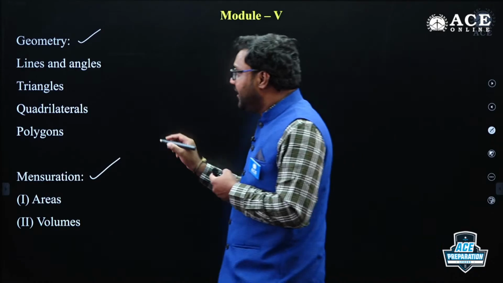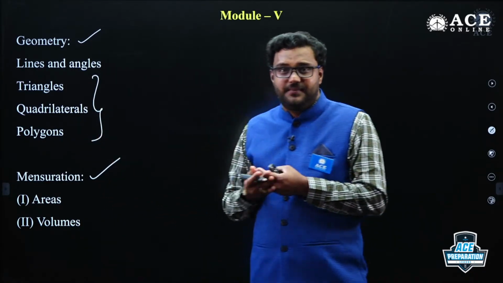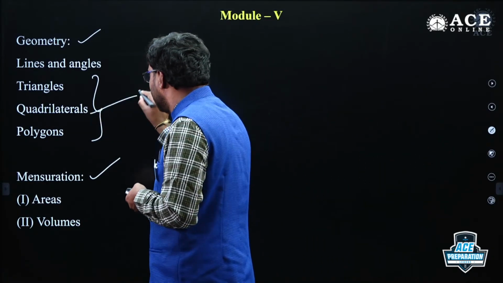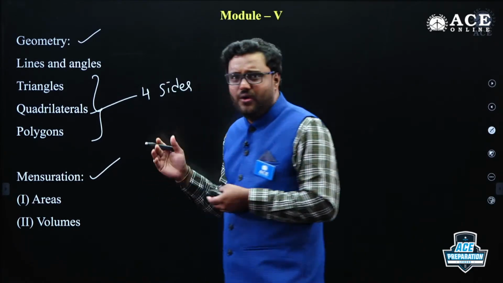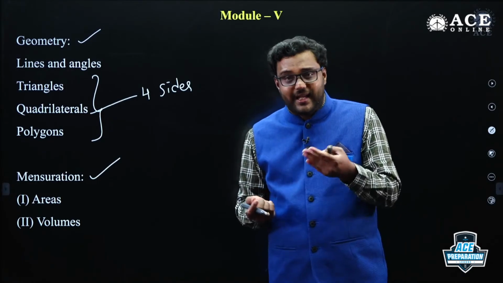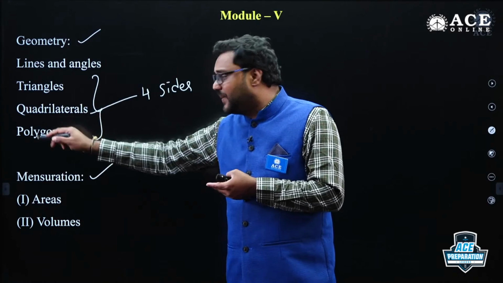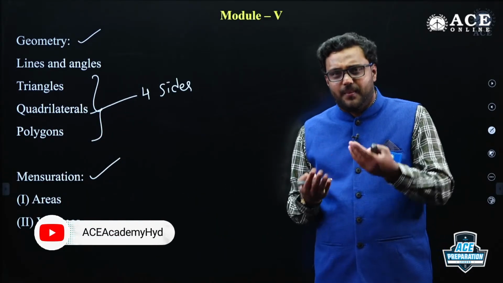Then properties related to triangle, quadrilaterals, it may be square, polygon with 4 sides, right? So you can cover here square, rectangle, rhombus, trapezium, all related properties, and how to calculate area, all those things. Finally, once you are done with triangle and quadrilateral, we will summarize for polygons, entire for regular polygon or irregular polygon.